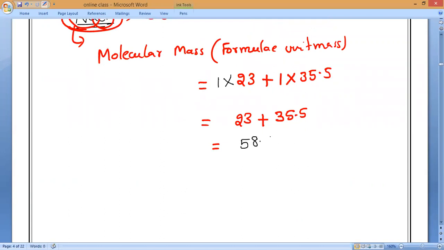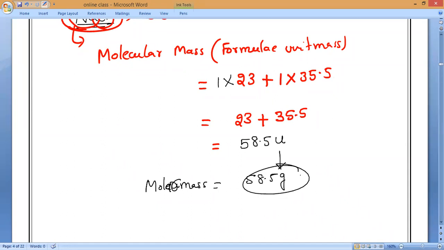58.5 u. But we want molar mass. Molar mass means how much, everybody? 58.5 grams. Now, I will give you 58.5 grams of sodium chloride.